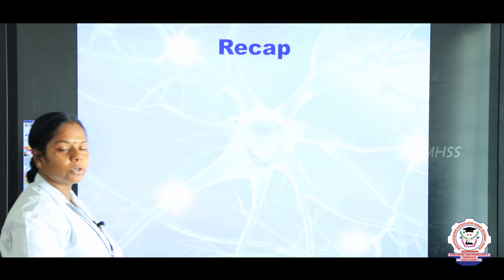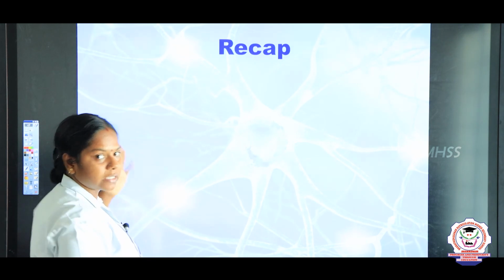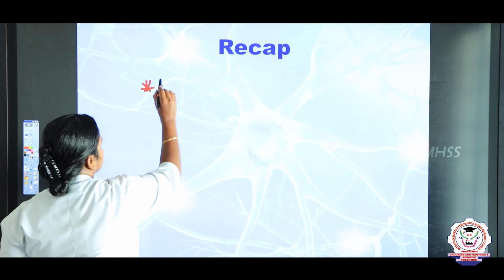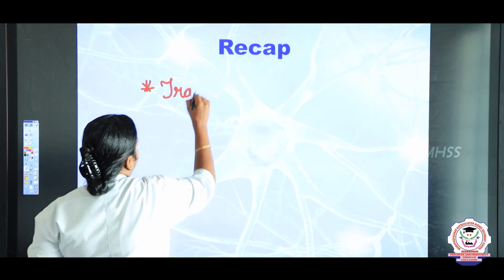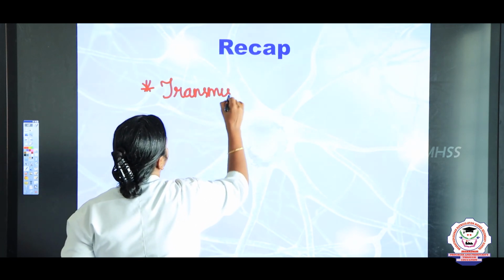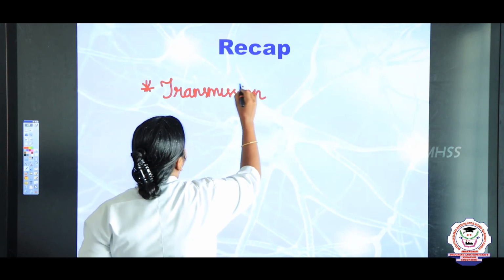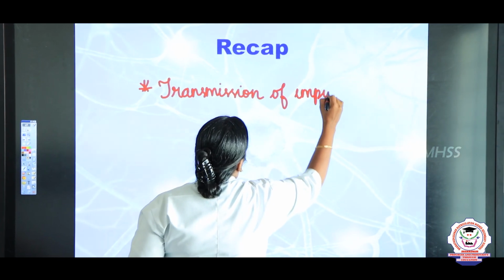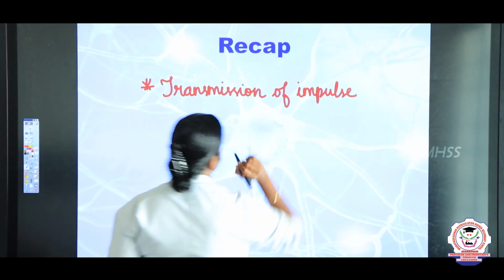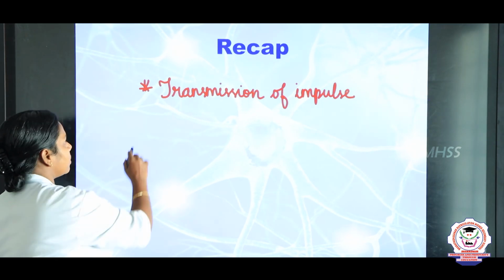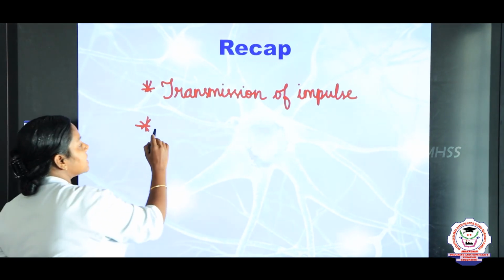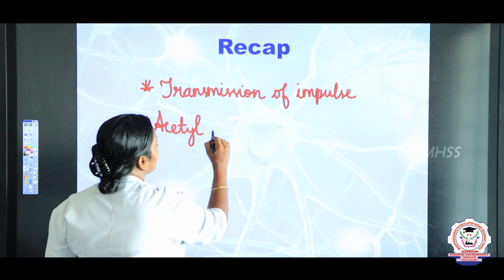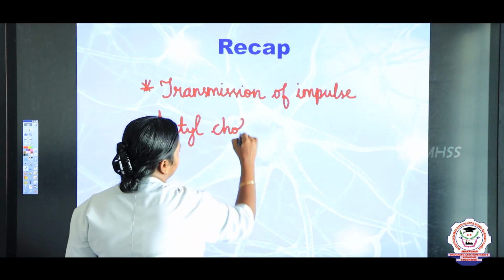So now let us recap what we studied, children. From the beginning we have studied how the impulse is transmitted, the transmission of impulse. And then we discussed the neurotransmitter, acetylcholine.